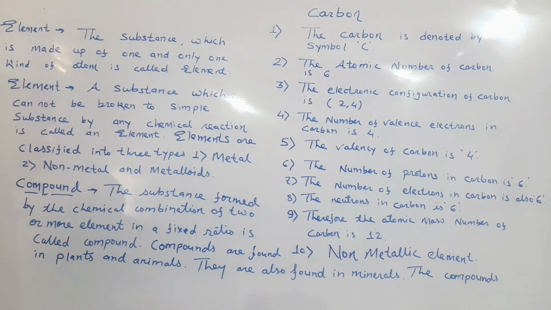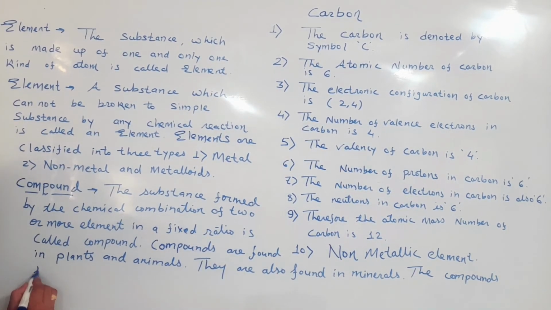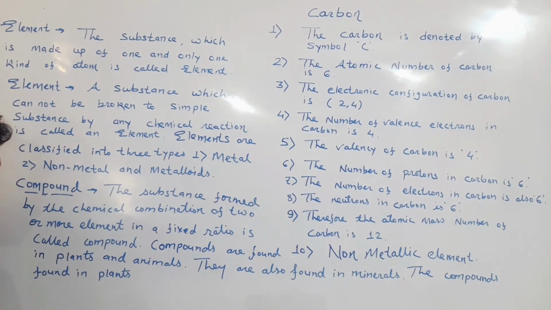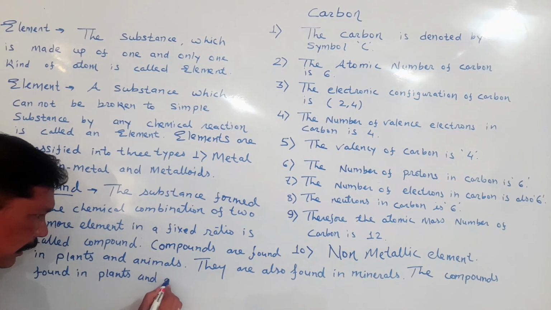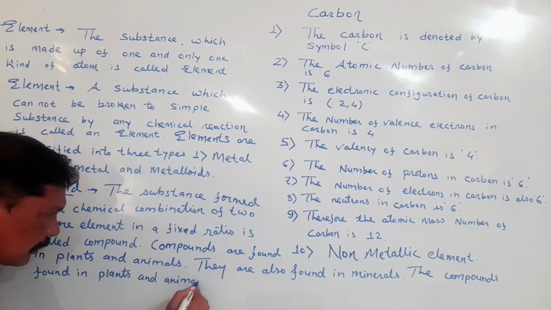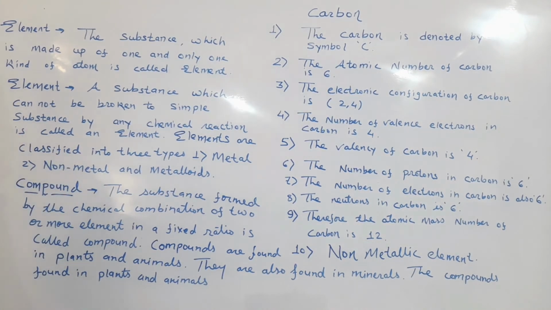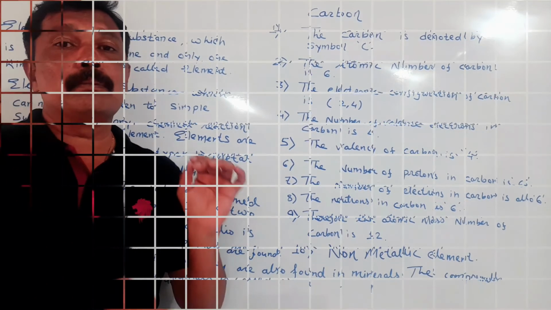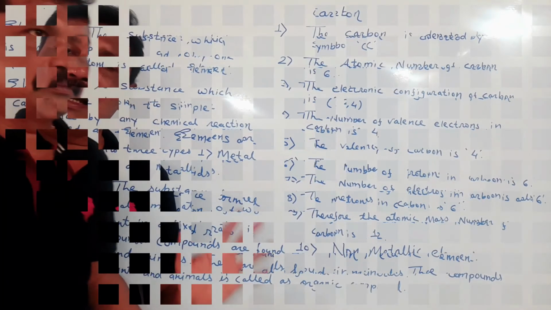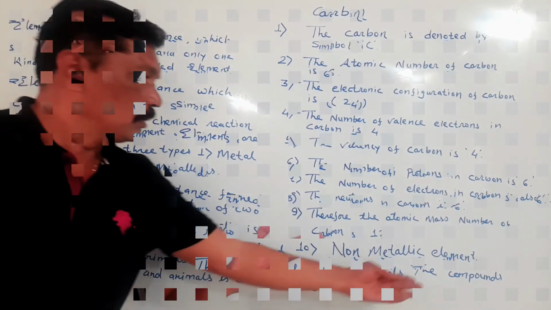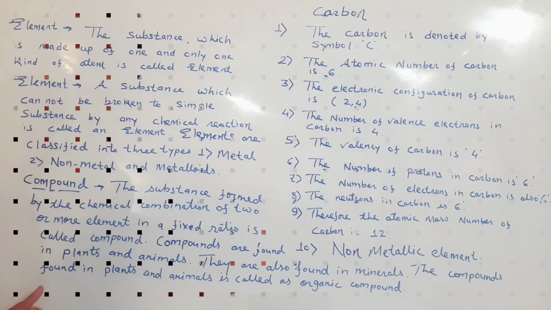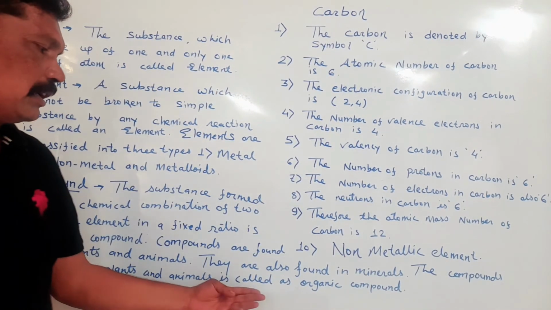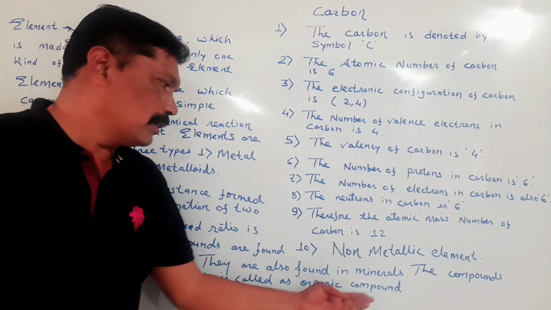The compounds found in plants and animals are called organic compounds.